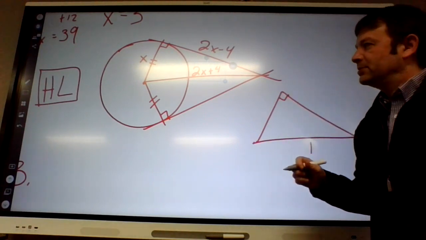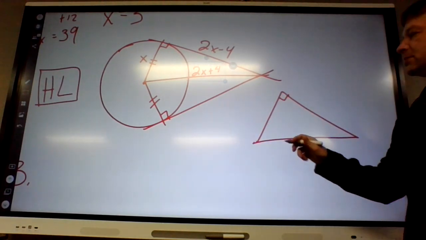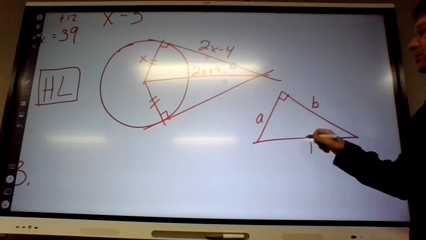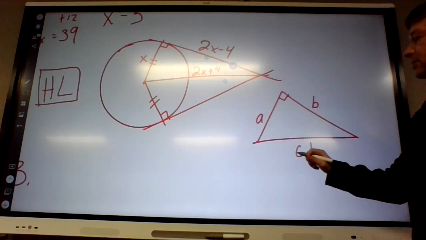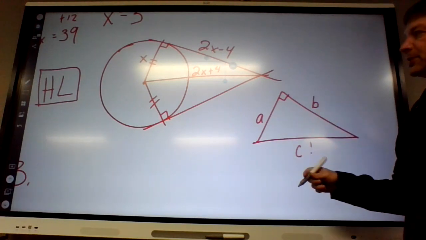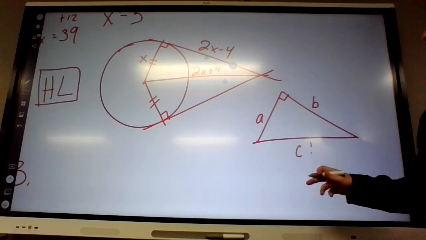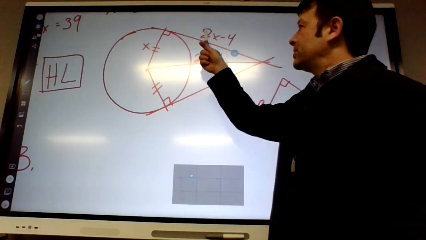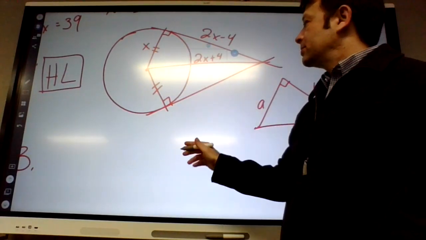It's a right triangle. Leg squared plus leg squared equals hypotenuse squared. So this squared plus this squared equals that squared.